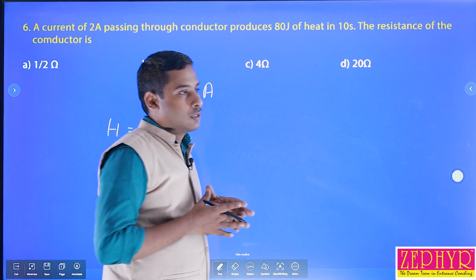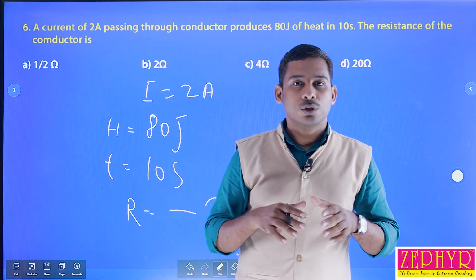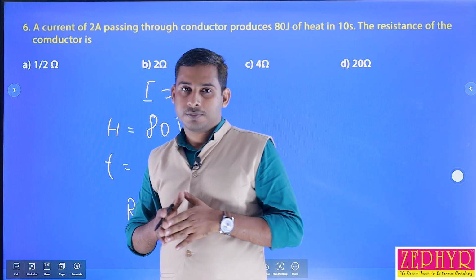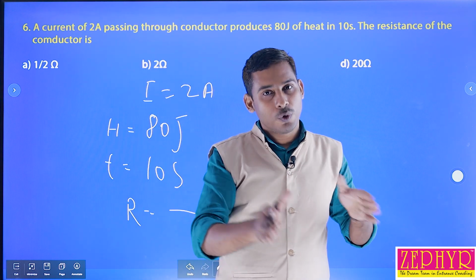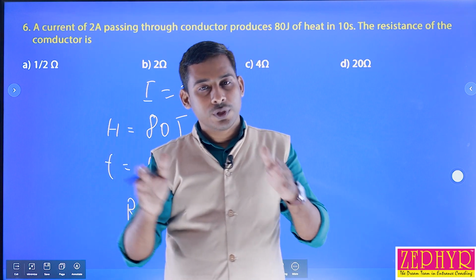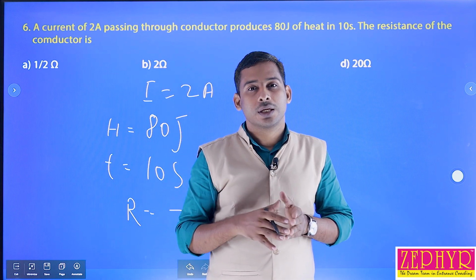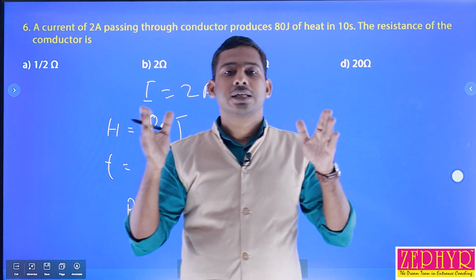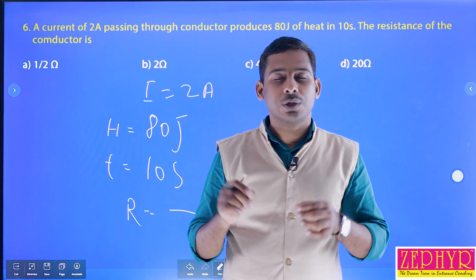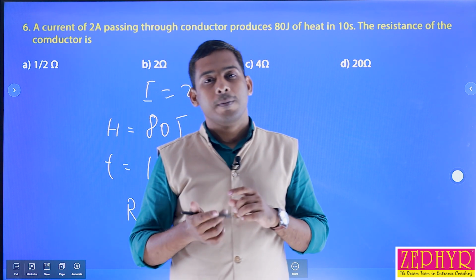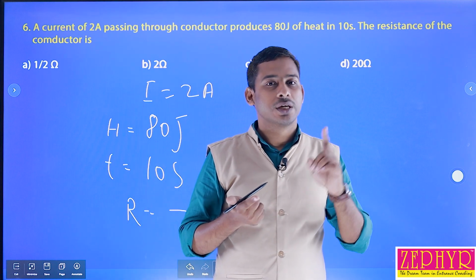He discovered that when electricity is passing through a conductor having some resistance R, so some current I is flowing through it for some time t, the heat developed in that conductor is directly proportional to the square of the current into the resistance into the time.